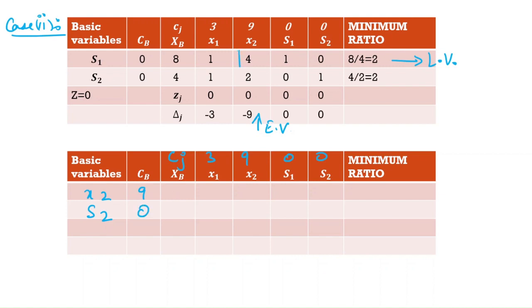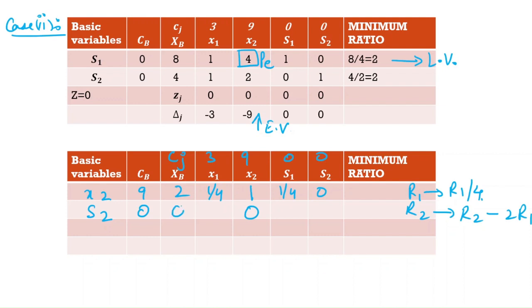Now the pivot element is this, so I have to divide row 1 by 4 to make it 1, 2, 1 upon 4. Row 2 must be 0, so row 2 minus twice of row 1, so this would be 0. 4 minus 4 is 0. 1 minus half is half, 0, this is minus half, just the same, and this is also 1.